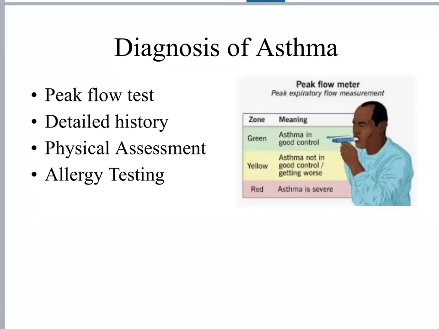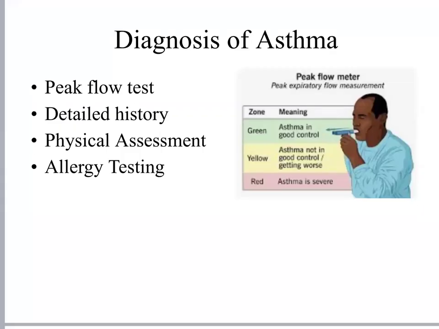So, how is asthma diagnosed? Well, a peak flow test will tell us a lot. This is something that ideally a doctor or a medical provider should be checking on somebody with asthma every time they go for a checkup, because you can tell a lot about somebody's asthma management from their peak flow meter.